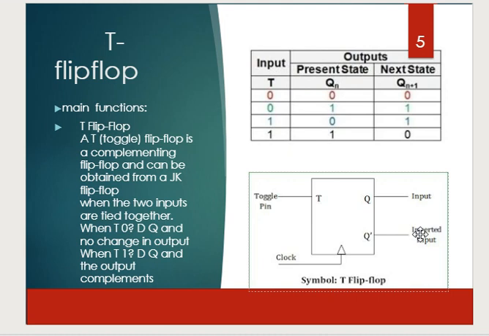On the truth table, the input is T, the present state is Qn, and the next state is Qn+1, which is nothing but the output of the circuit. These were all the possible combinations, and I have listed all of them here. Let us move further.